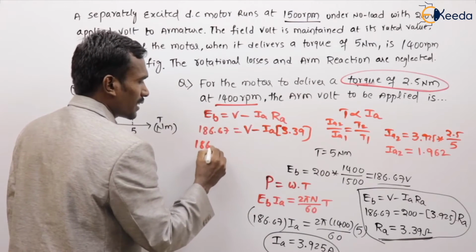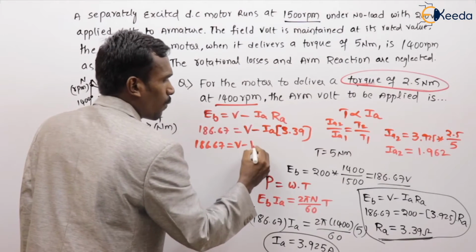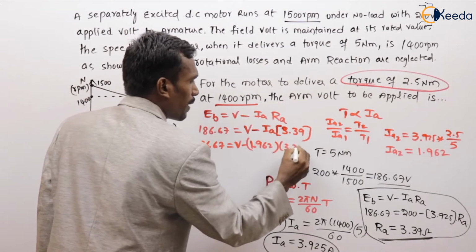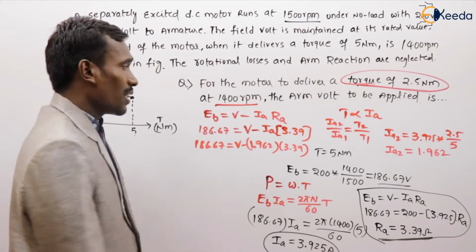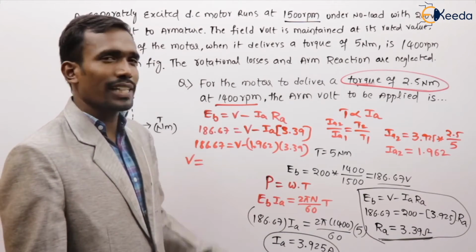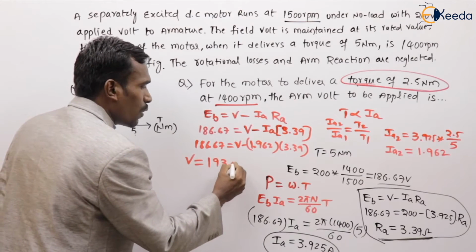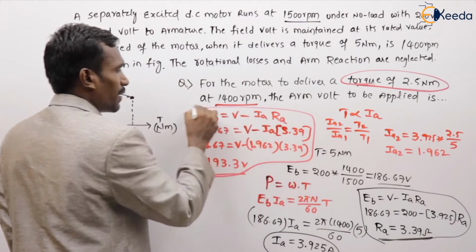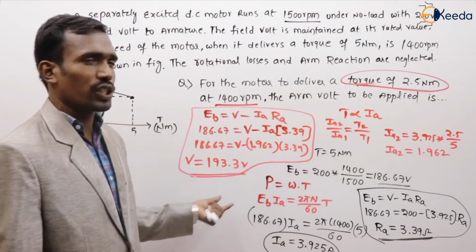So 186.67 is equal to V minus 1.962 into 3.39 ohms. Then we can get the voltage V. If you calculate this voltage V, its value is 193.3 volts. The required voltage we have to apply is 193.3 volts for this question.